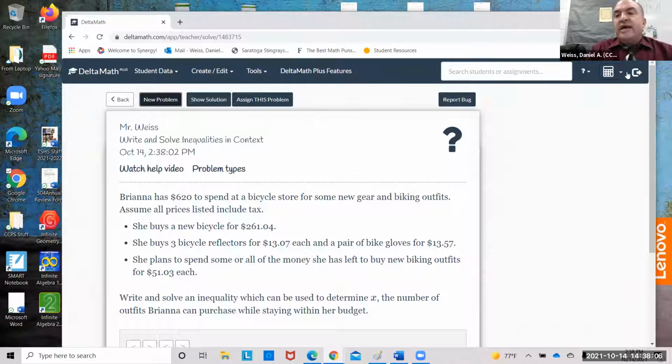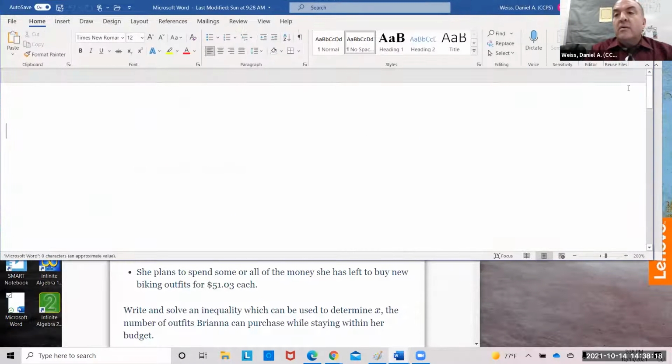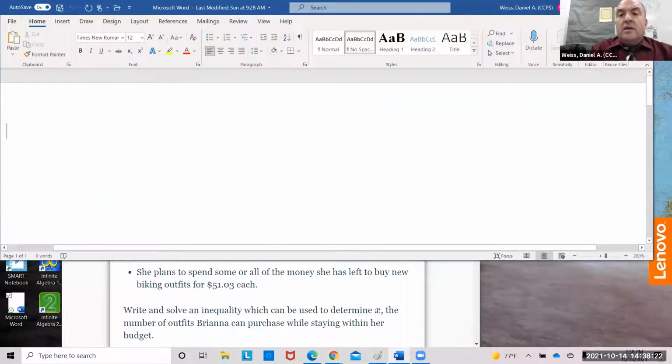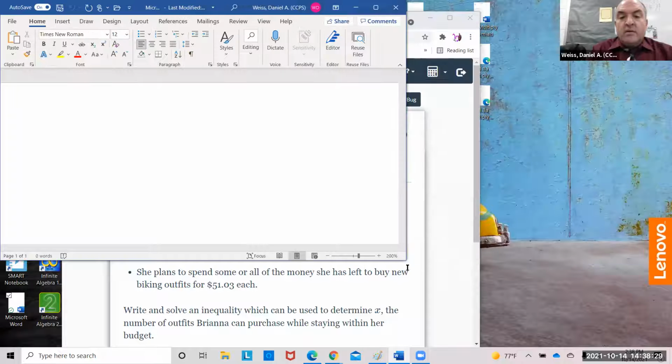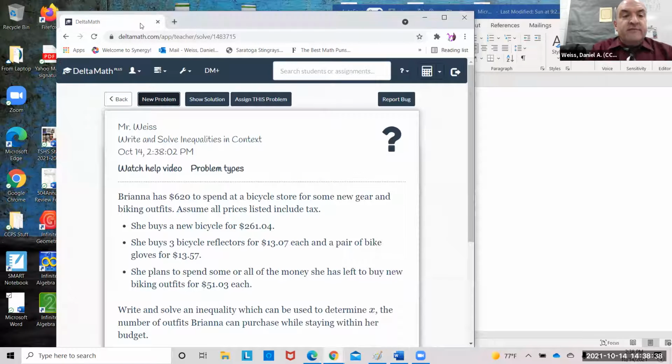Here's a sample problem, and people have been struggling with this. Sorry, I'm just going to move this over to the left.